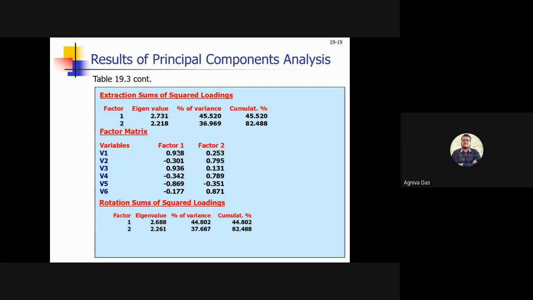If the loading of one variable on one factor is very high and on the other factor is very low, what does that mean? It means it is easier for you now to bracket or group this variable under factor 1 rather than factor 2. If let's say variable 1 has correlation 1 with factor 1 and correlation 0 with factor 2, what does this mean?